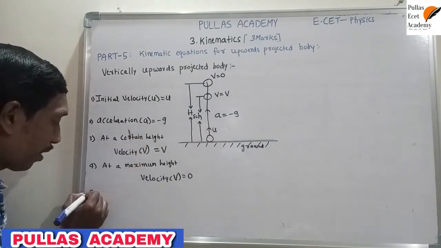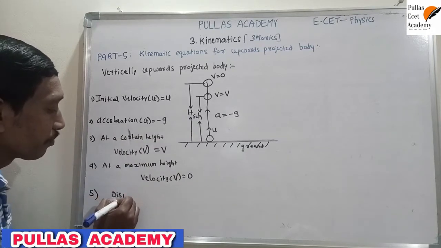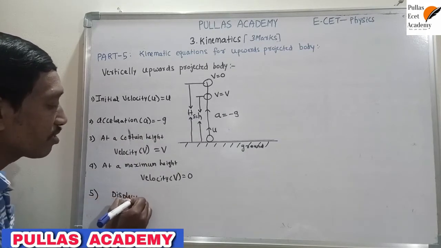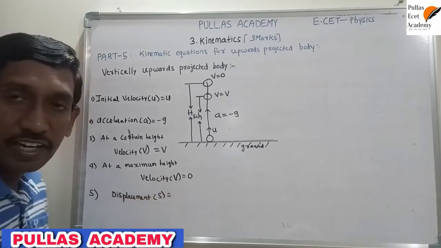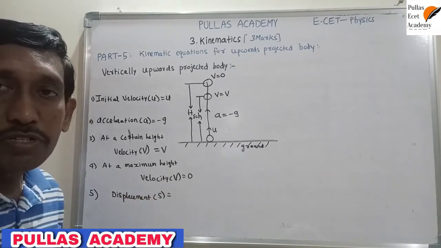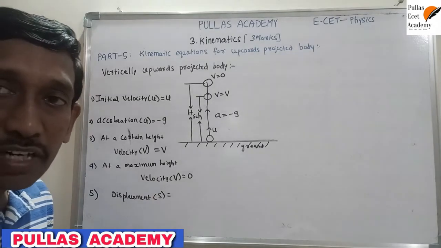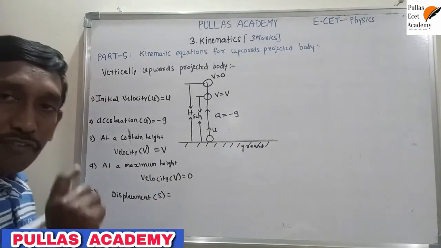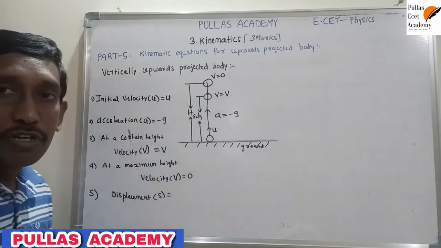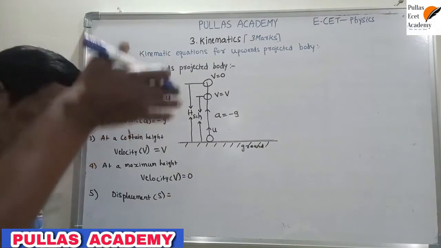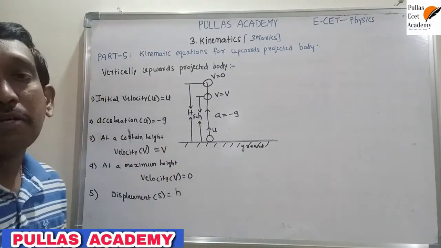Next, one more parameter here, what is the displacement of this body? Displacement for an upwards projected body is also measured in terms of height. For vertical motion, displacements are measured in terms of height. Height is nothing but displacement here. For uniform motion, that is displacement. For vertical motion, meaning an upwards projected body or freely falling body, displacement is measured in terms of height.